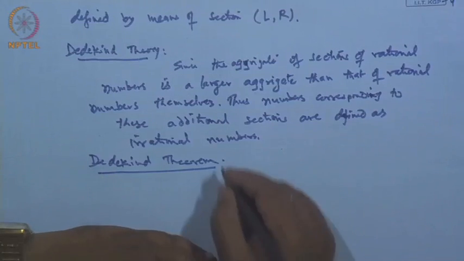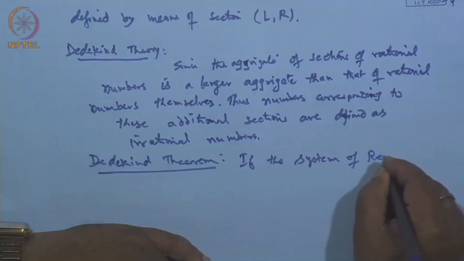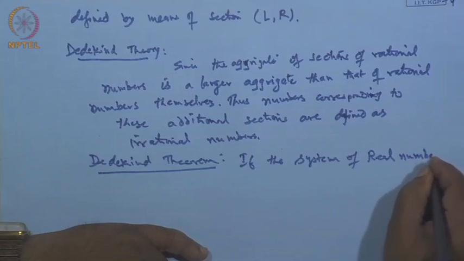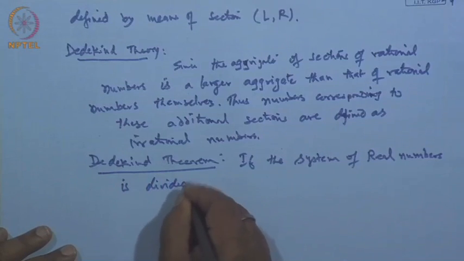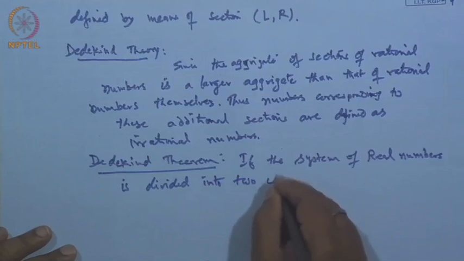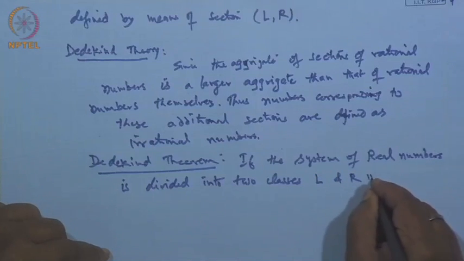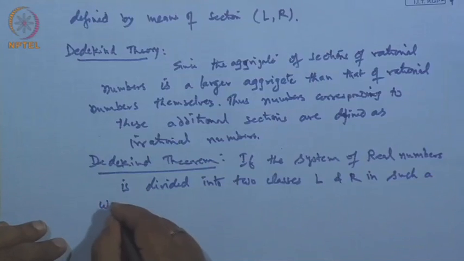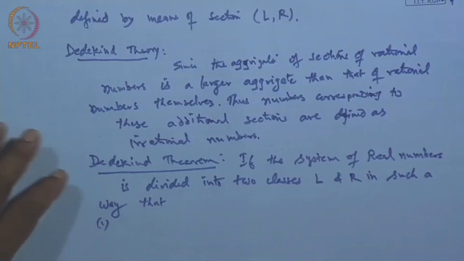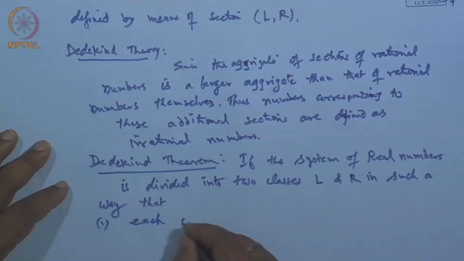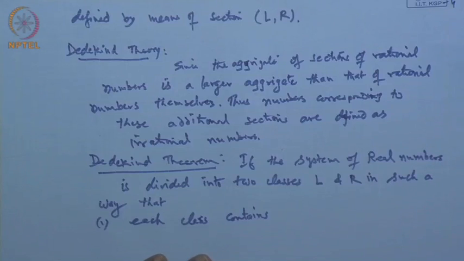If the system of real numbers is divided into two classes, L and R, in such a way that, one, each class contains at least one number.